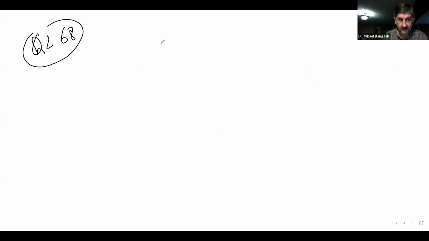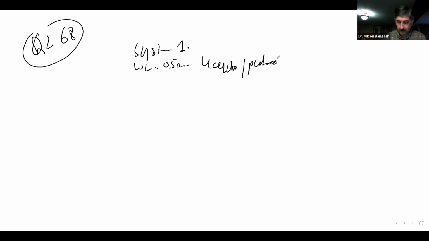A pulse from system 1, so what do we have? A wavelength of 0.5 millimeter, 4 cycles per pulse, and a pulse repetition period of 1.2 milliseconds.